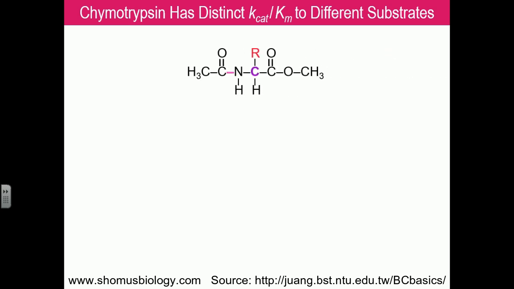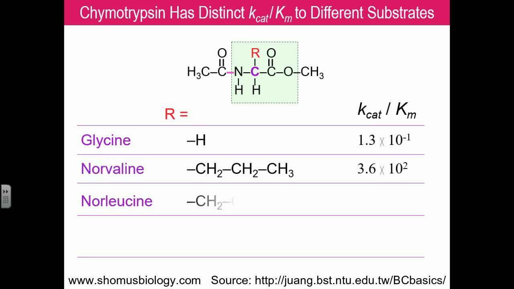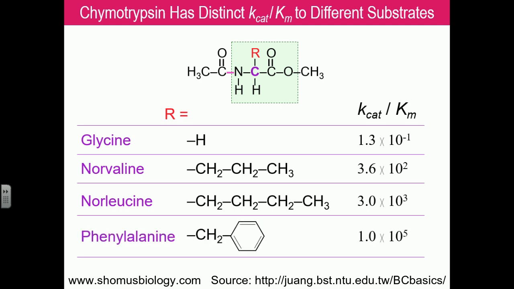Here, let's say this is chymotrypsin, which has a specific R group that is involved. If we change that R group, there are multiple types of amino acids that can be present in it, like glycine, which only has a hydrogen in the R, norvaline, norleucine or phenylalanine. If we change this R group, the behavior of this enzyme also changes.